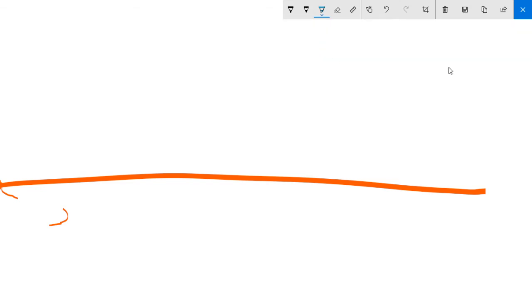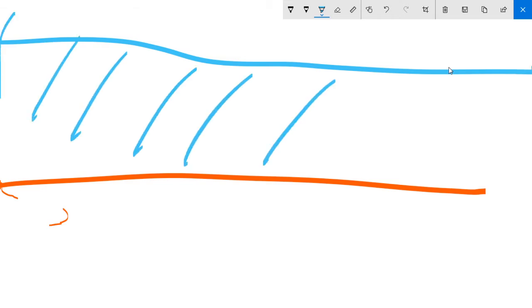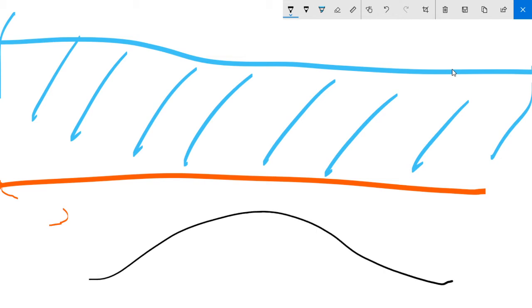This is the water line. So we have the ocean here, and then we have the trap. So this is a trap.